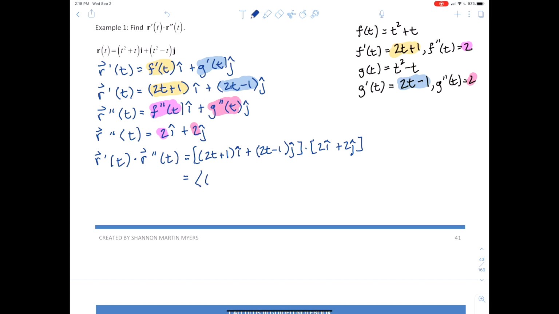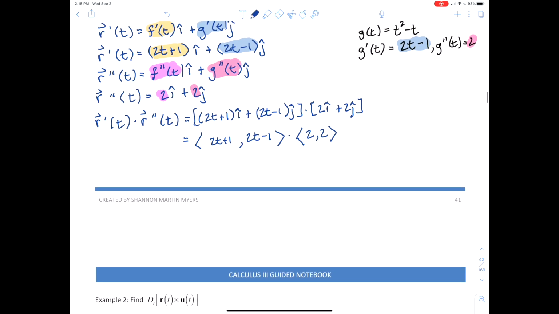We'd have 2t plus 1, 2t minus 1, dot 2, 2. And so that would just be 2t plus 1 times 2 plus 2t minus 1 times 2.